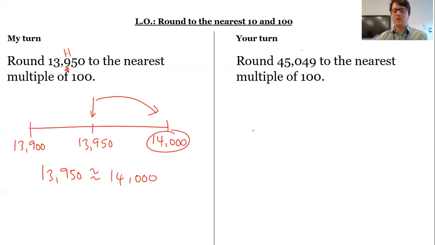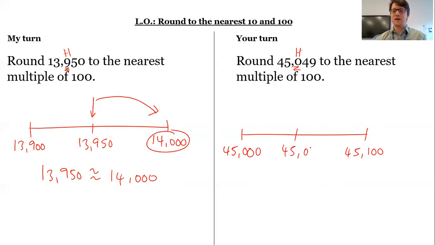So your turn now, you've got this question here. So I've got 45,049. What's the lower multiple of 100, higher multiple of 100, and the midway point? Pause the video now, and then off you go. Okay, so nice and quickly, again, here's our hundreds. So actually the lower multiple here is 45,000. And no hundreds, 45,000. So then the next multiple is 45,100.